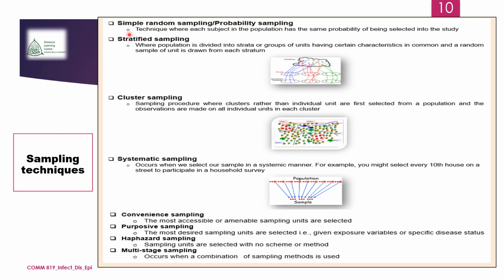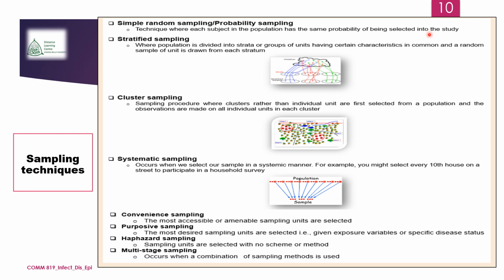Here we said the simple random sampling or probability sampling technique is a technique where each subject in the population has the same probability or the same chance of being selected into the study. So everybody has an equal chance of being selected. There is no zero probability.